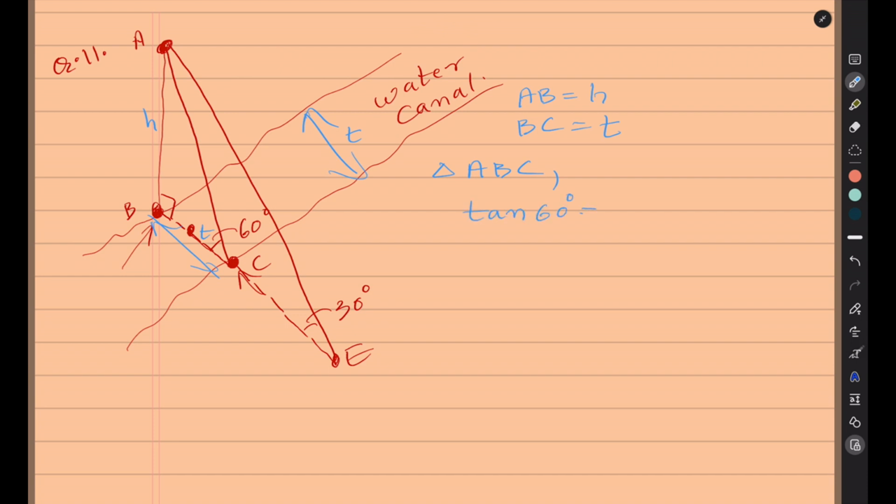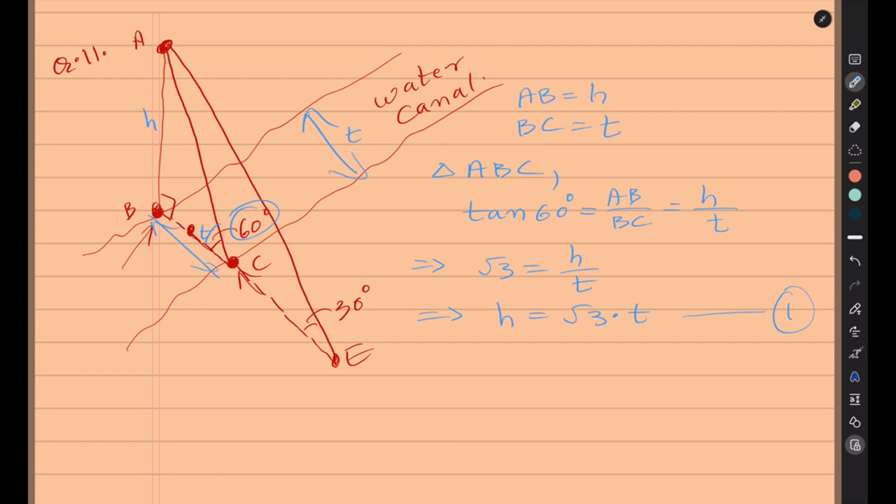Tan 60 degrees, because 60 degrees is the angle of elevation, will be AB divided by BC, that is H upon T. So root 3 is equal to H divided by T. It means H is root 3 times T. That is one equation we have got.